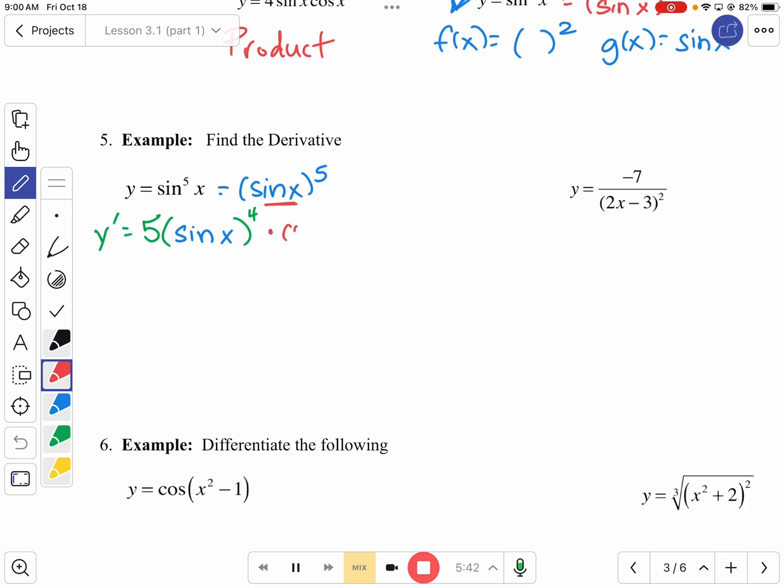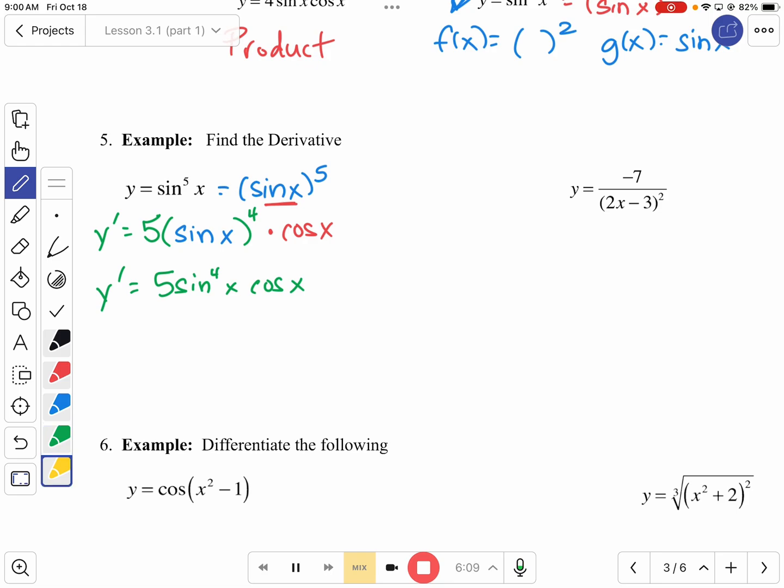So times cosine. Now, that's my derivative. The only way you can make that look prettier would be 5 sine to the 4th of x, and then cosine x. But it's the same answer. So recognizing the outside, taking its derivative, keeping the inside the same, and then the derivative of the inside. Let's look at the next one.